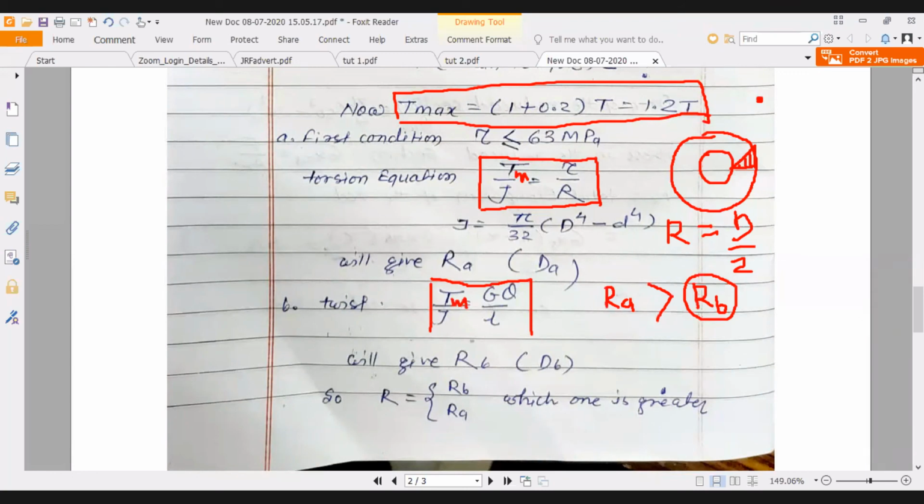It cannot sustain this much shear stress. So we will take the value which is greater. And suppose this relation is satisfied, then we will take RA as our external radius. Got it? Now it is the safest radius we have.